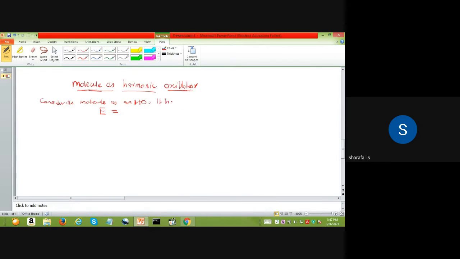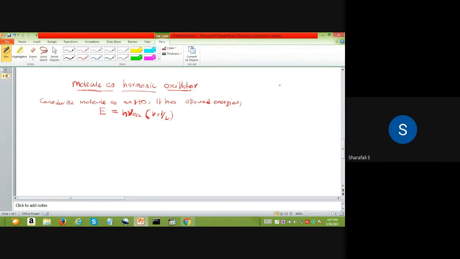So it has allowed energies, or energy associated with those harmonic oscillator vibrations, which will be given by E equal to h nu oscillation times V plus half. This you might have studied. Instead of V, we'll use n.